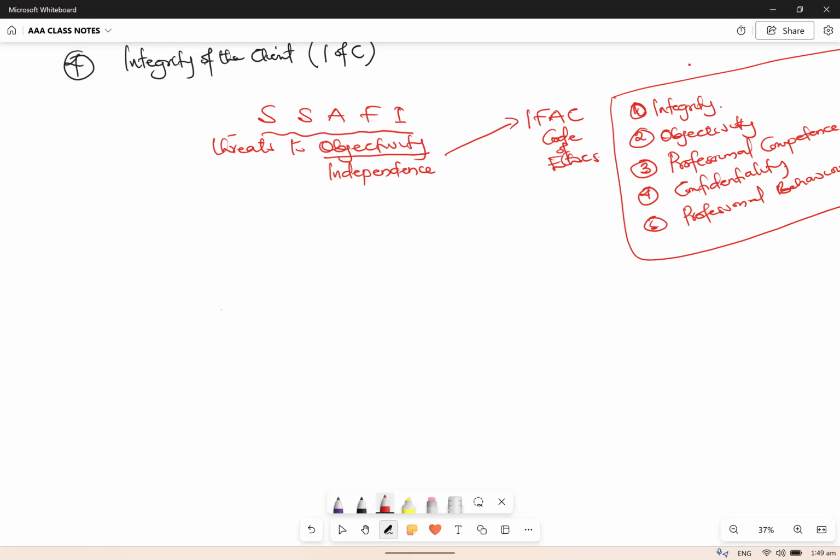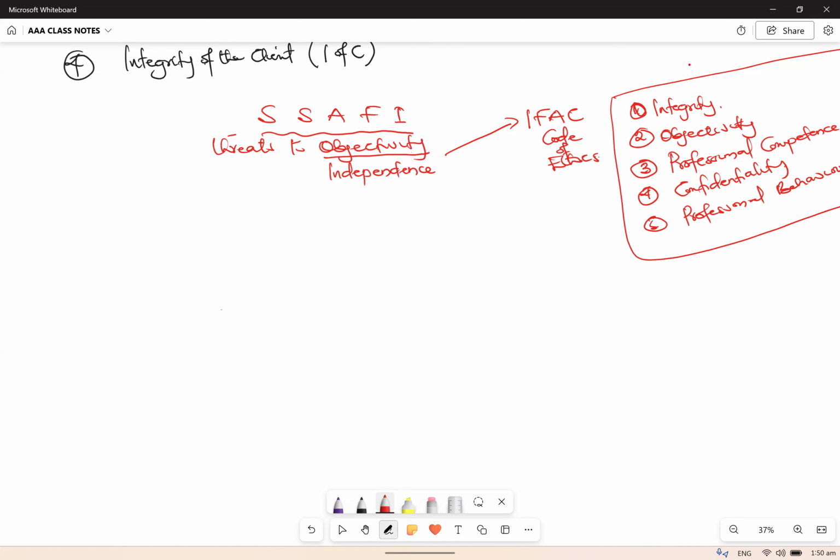Objectivity means he has to be straightforward and independent. He needs not to be under anybody's control. If there is a threat, it will make him look like he's under the control of somebody.